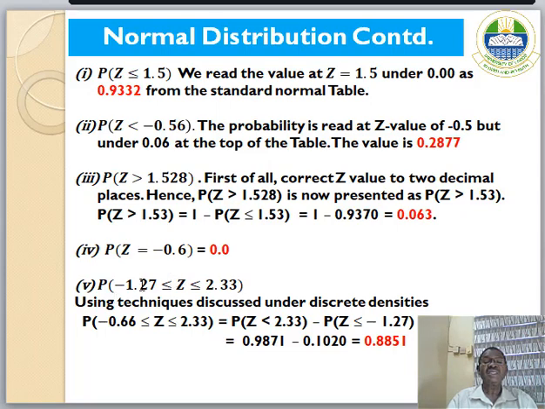The probability that Z is greater than or equal to minus 1.27 and less than 2.33 is the probability that Z is less than 2.33, subtract the probability that Z is less than minus 1.27. These are the values you get, and when you do the subtraction, you get 0.8851 as the answer.